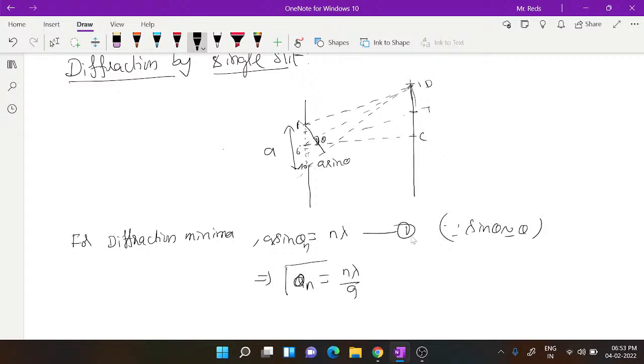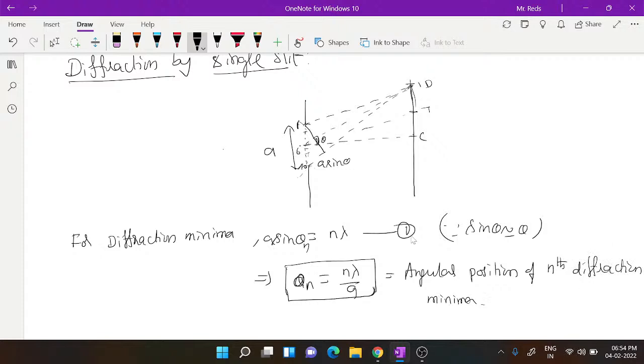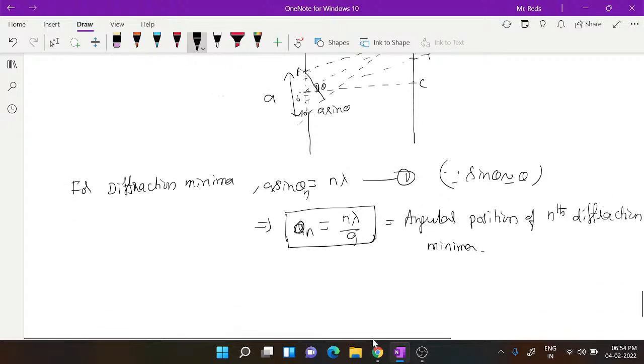This gives the angular position of the nth diffraction minima. For the first minima, n will be equal to 1, so lambda by a.